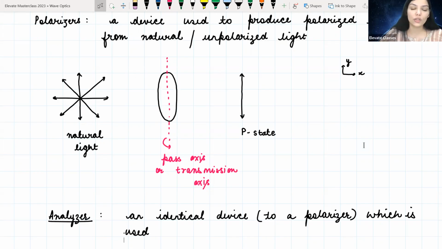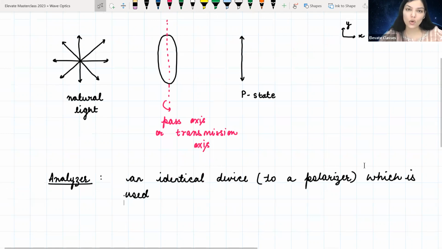The only thing that is going to be different is the efficiency of each polarizer, but ultimately this part is the same, that a polarizer will convert natural light into a plane polarized state, and an analyzer is an identical device, or a second polarizer, which is used to analyze what the polarization state of the light currently is. So I will use another polarizer to figure out what the polarization state is.